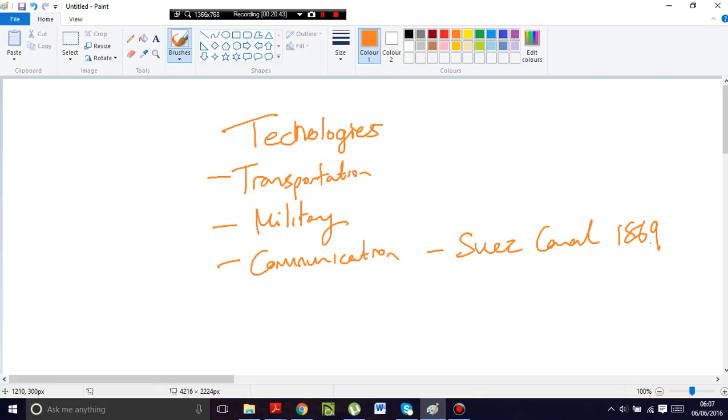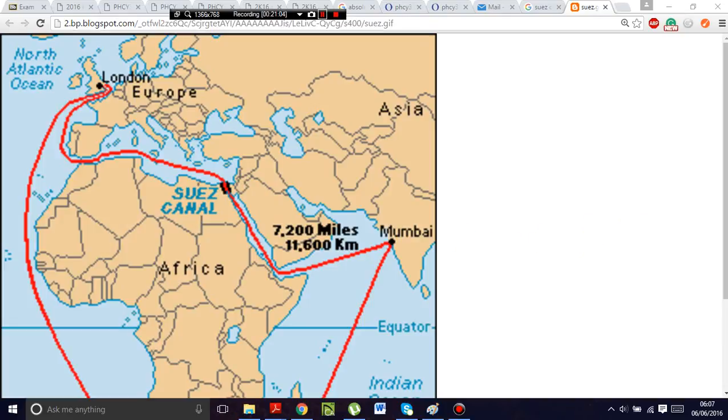Now, the Suez Canal allows water travel from Europe through Africa to the Indian Ocean. There is the Suez Canal there, as you can see.